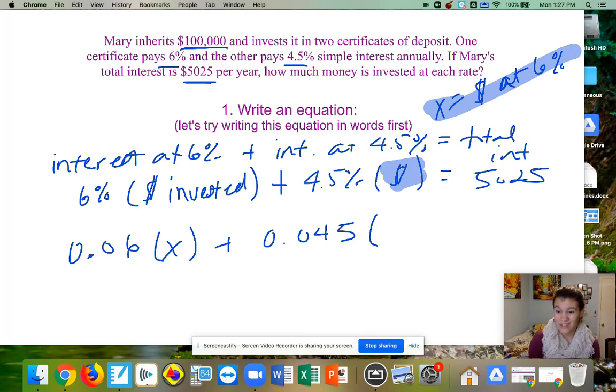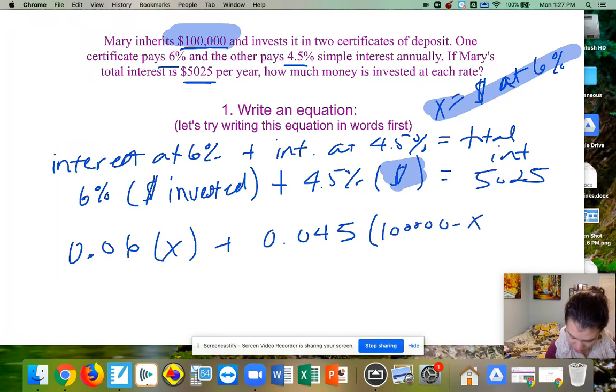What's left over? How would you figure that out? Well, she had 100,000 to start out with. So if she invested 50,000 into one of them, there's 50,000 left over for the other one. You get that from subtracting. So we can take our original 100,000 and subtract whatever we invested right here, and that will give us the leftover, which had to be invested into the other one.